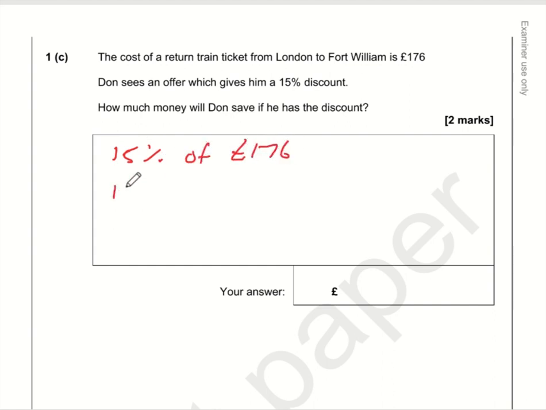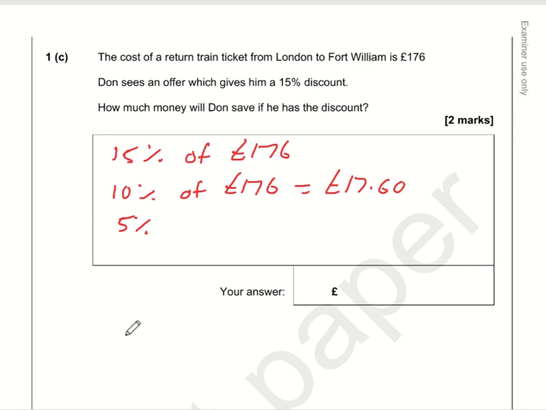Now, working out 10% is always a good starting point. 10% of 176 is 1/10 of this amount, so divide this by 10, that is £17.60. So if 10% is £17.60, how am I going to work out 15%? Well, 15% is a 10% plus a 5%, and 5% is half of 10%.